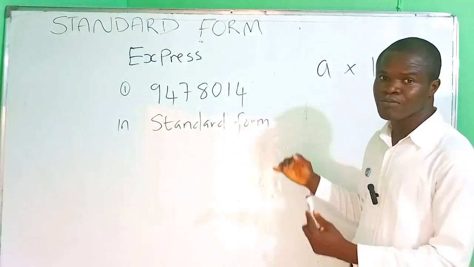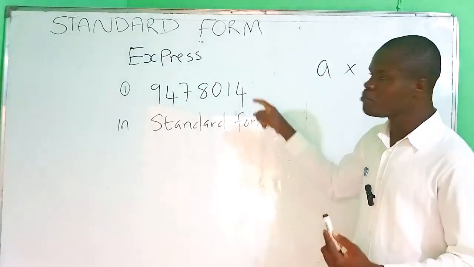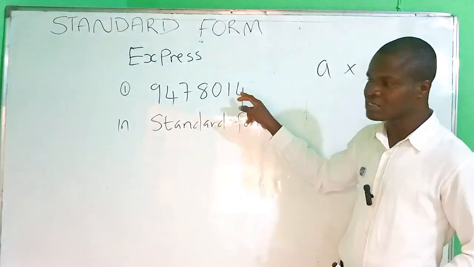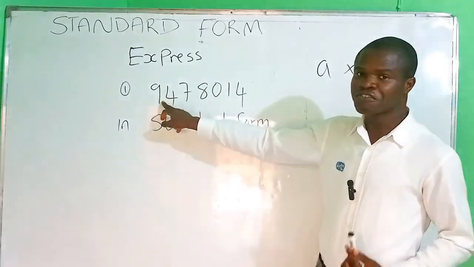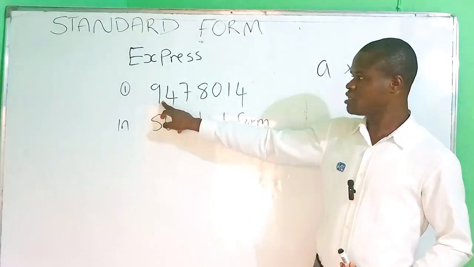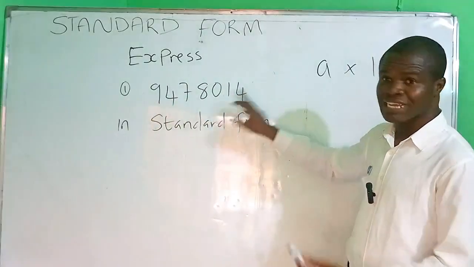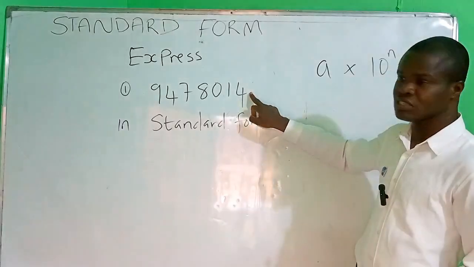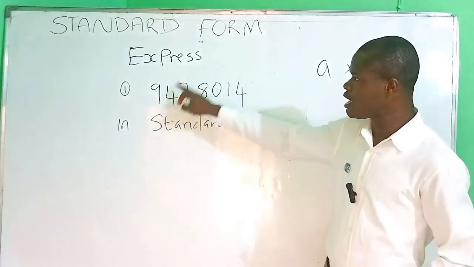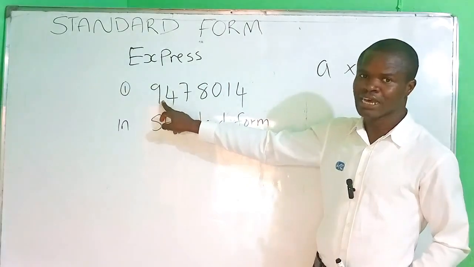So from wherever the decimal point is, the goal is to move the decimal point to the front of the first non-zero digit. So this is 9. There is no decimal point here, that means the decimal point is here.